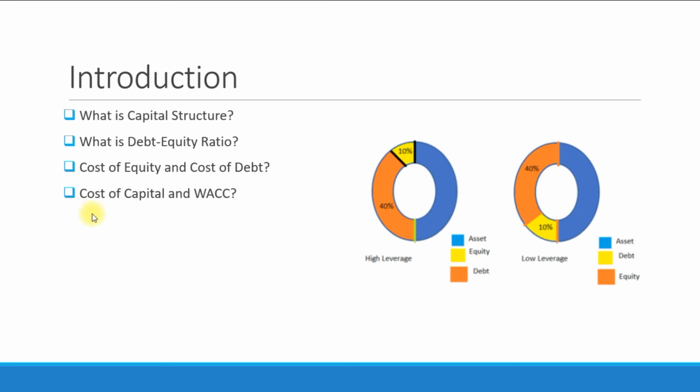Now let us see what is cost of capital and WACC. We'll only go through explanations or definitions of the same. Cost of capital and WACC. Managers decide on capital structure by taking into consideration cost of capital and taking steps to minimize this metric. So what exactly is cost of capital?